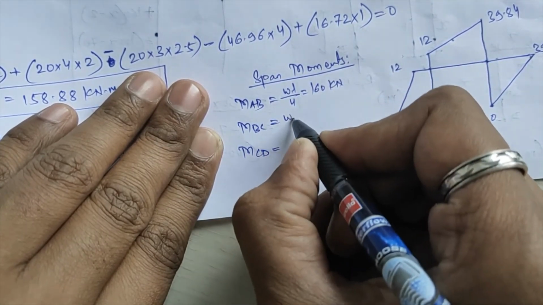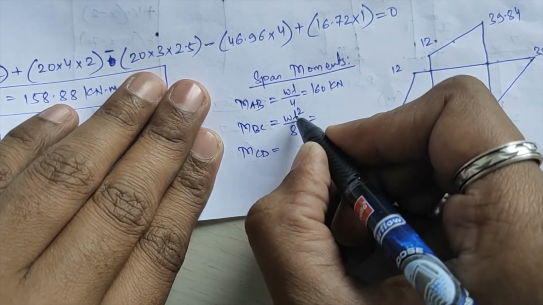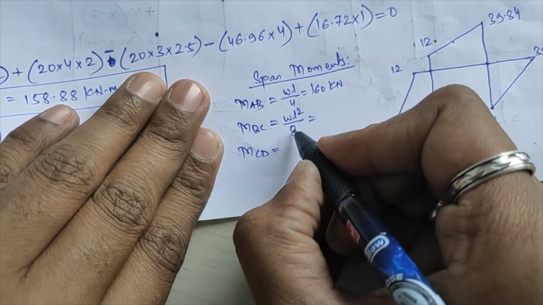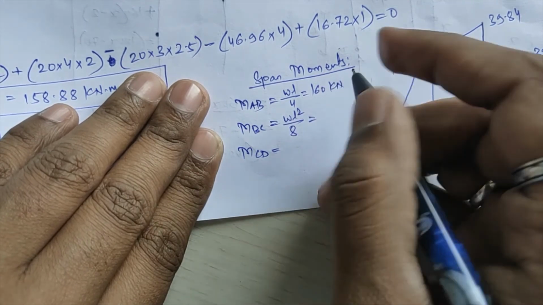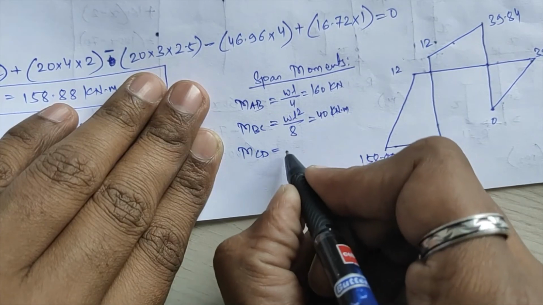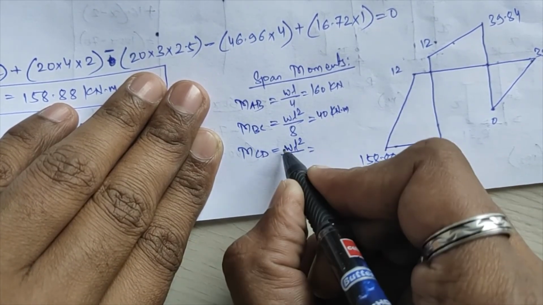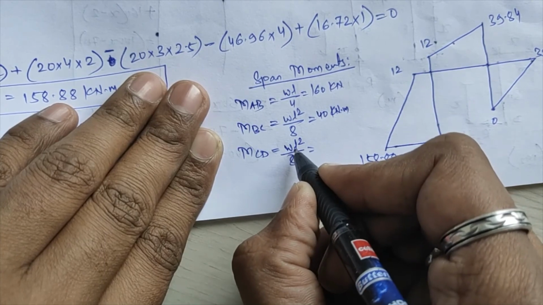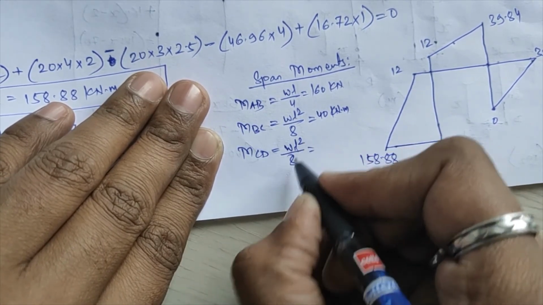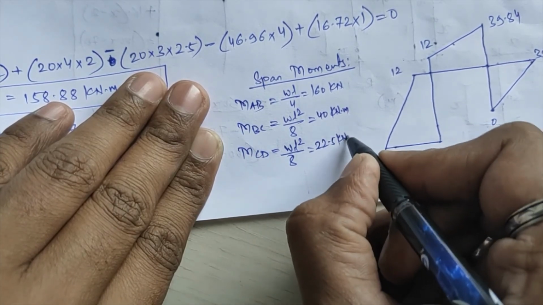Next for BC you have UDL, so that will be WL square by 8. W is 20, length is 4, so 20 into 4 square divided by 8, I am getting 40 kilonewton meter. And again UDL, so WL square by 8. W is again 20, but length is now 3, so 20 into 3 square divided by 8, I am getting 22.5 kilonewton meter.